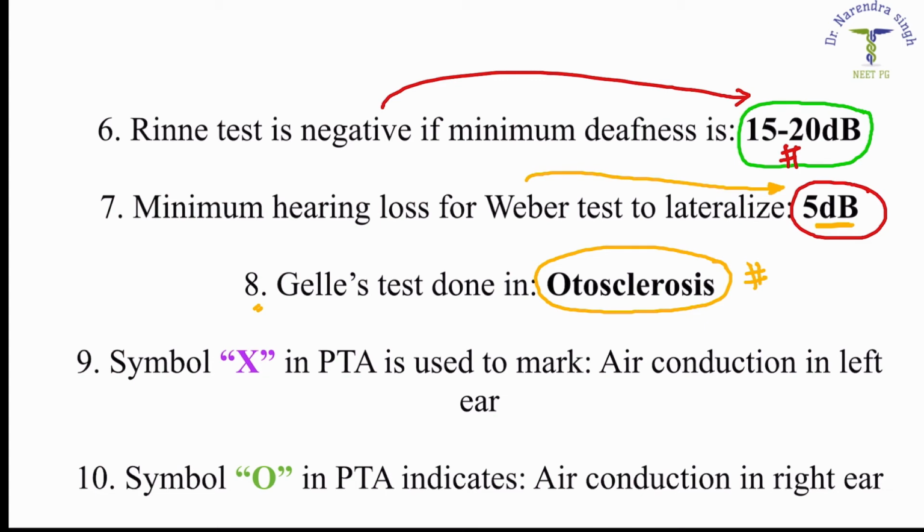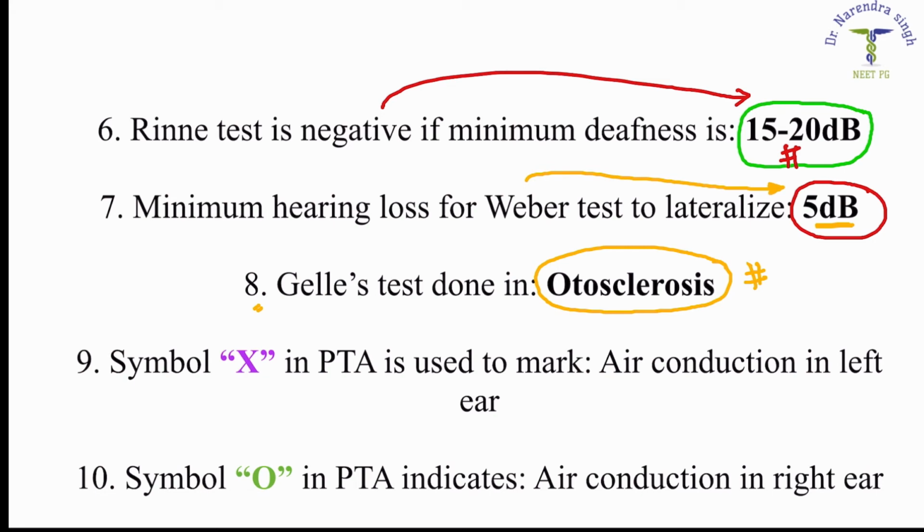What we do in the Gelle test is we put a tuning fork on the mastoid area and simultaneously we put the pneumatic Siegle's speculum bulb in the external auditory canal, and we increase the pressure in the external auditory canal with the help of the pneumatic bulb and look for a change in the hearing.